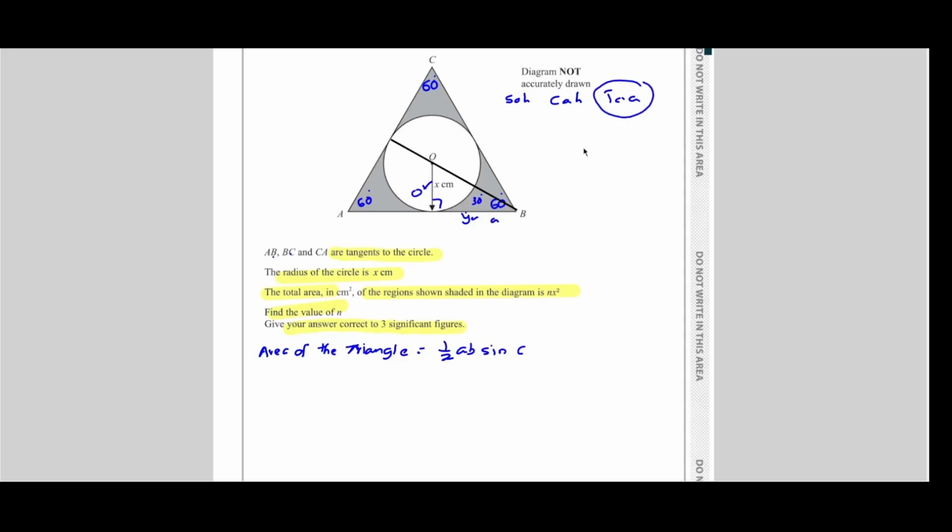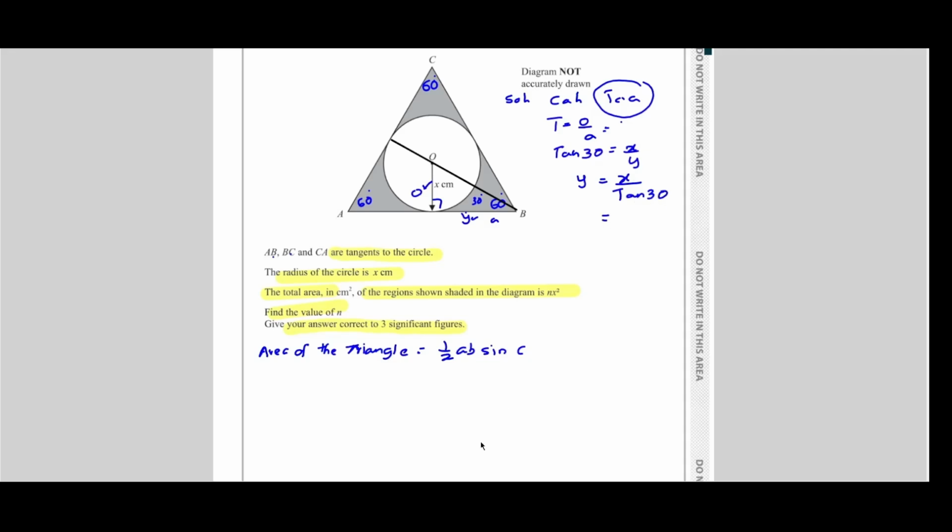Let's apply that. Tan equals opposite over adjacent, which means tan 30 equals x over y. Let's switch these two: y goes here, tan 30 comes here. Then y equals x over tan 30.